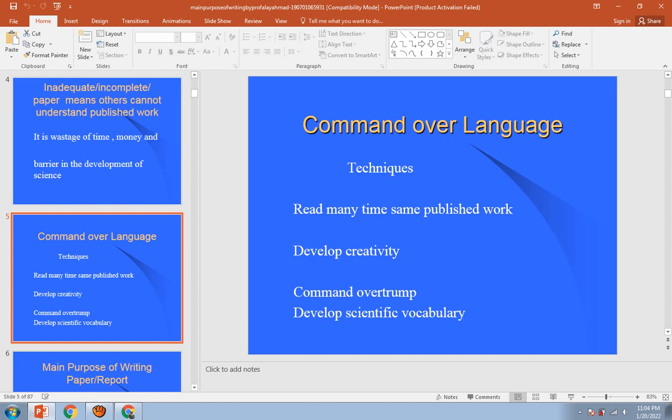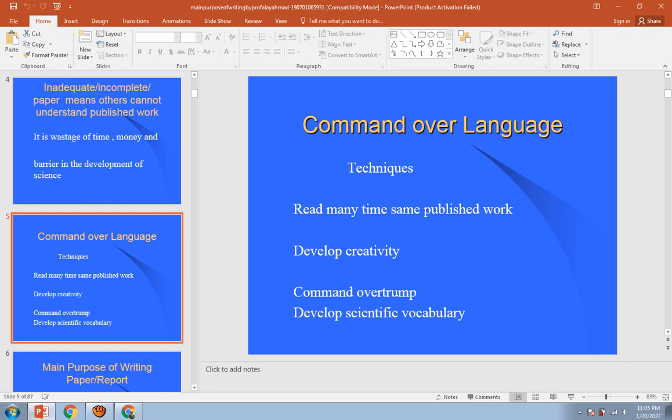The techniques are: read your main draft, read your main research papers several times before submitting to a journal or before presenting your speech. Read it many times, you will find certain errors. If there are errors, mistakes, remove them.